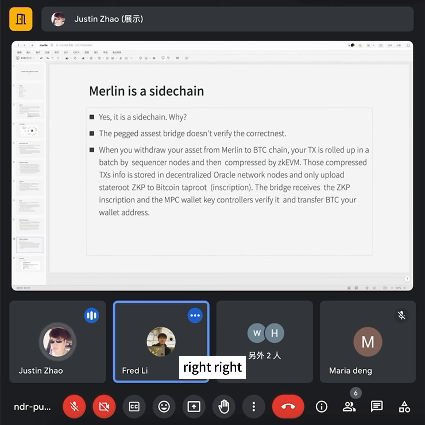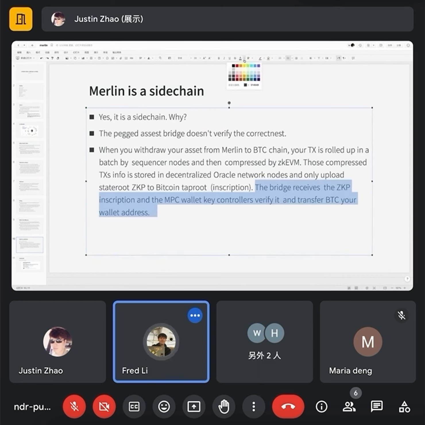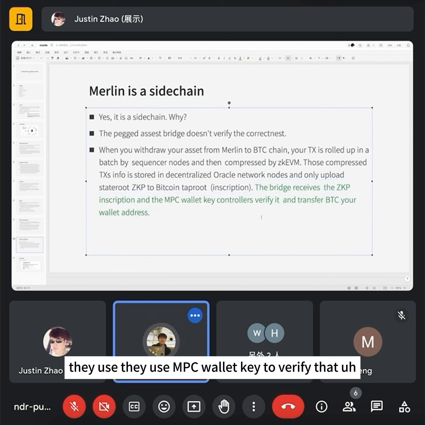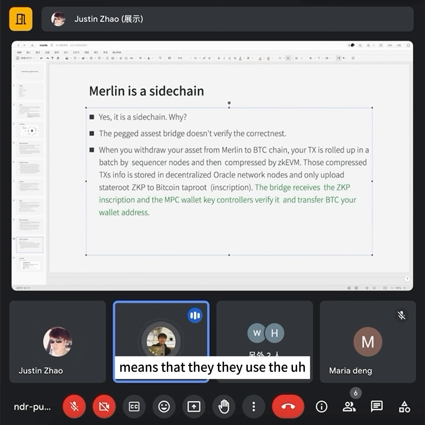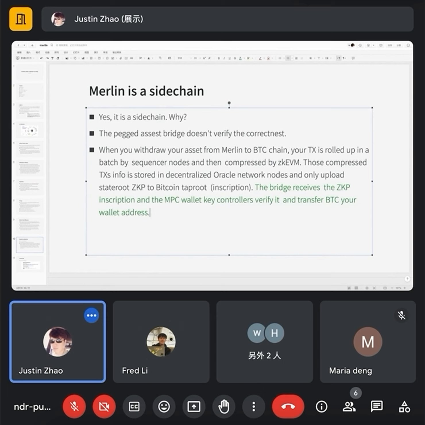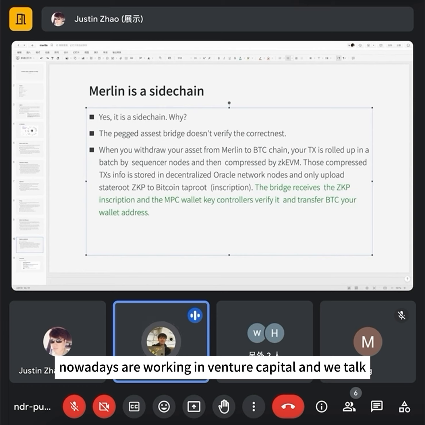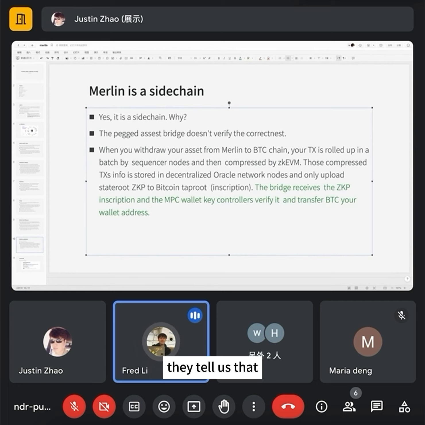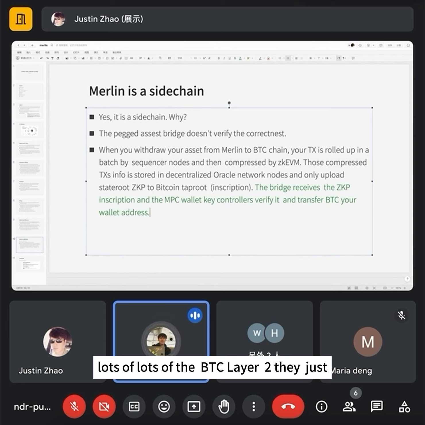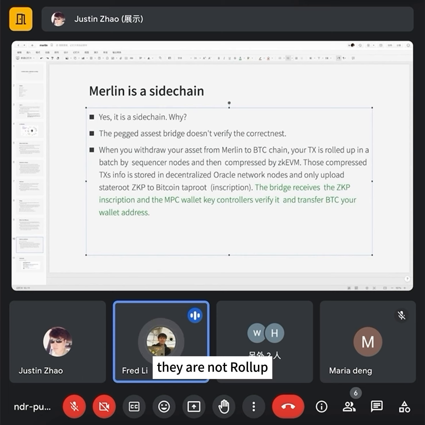Yeah, right. I have a wonder. They use the MPC wallet key to verify that, which means it's an off-chain way, right? Yes, it's an off-chain way. I wonder why, because nowadays I'm working in venture capital and we talked with the Merlin Chain's founder and they told us that lots of the BTC layer 2s just say they are rollups, but actually they are not rollups.